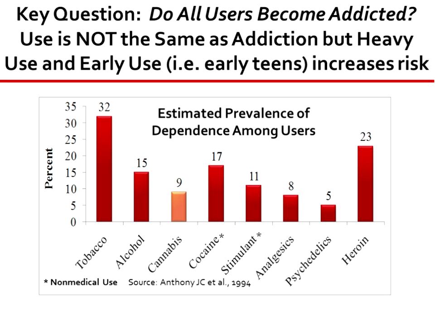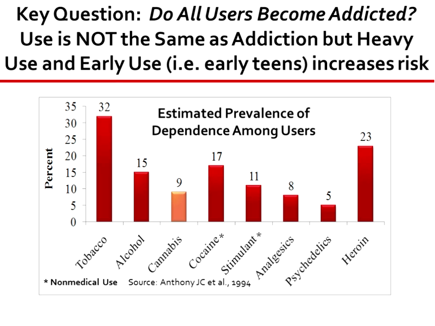So one key question that we get asked all the time is whether all users become addicted. Use is not the same as addiction, but heavy use and early use have consistently been associated with an increased risk of addiction, and not just for the particular drug, but for addictions more broadly.